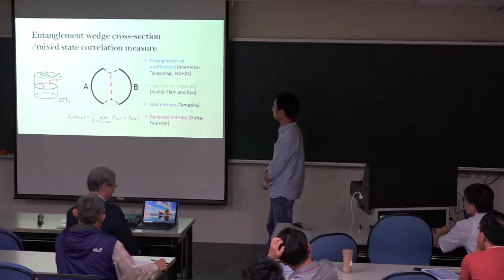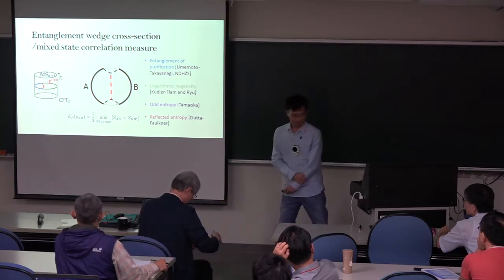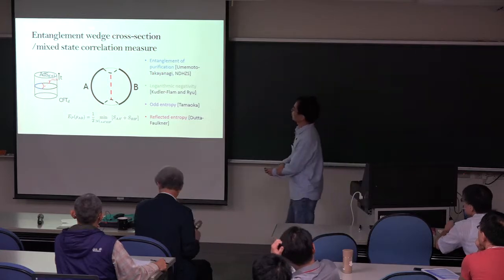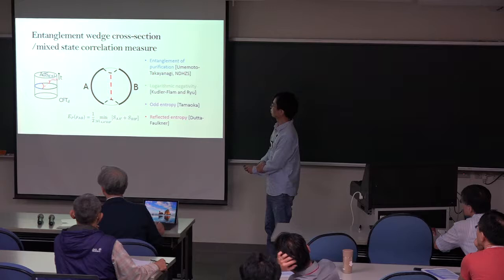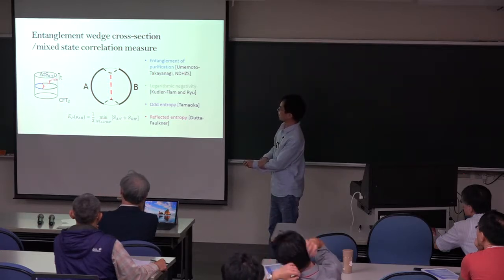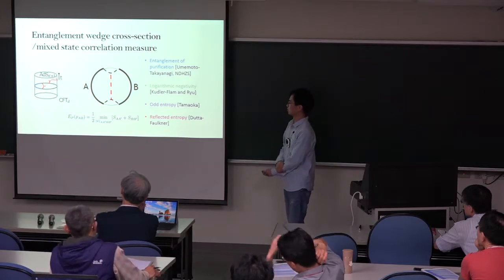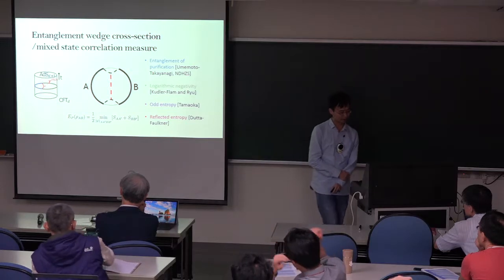Sounds quite interesting, and that is what I'm going to focus on today. A little thought will tell you why this red dashed line is better than the entanglement entropy to characterize the correlation between A and B for the mixed state, which geometrically you can check is a reasonable quantity.